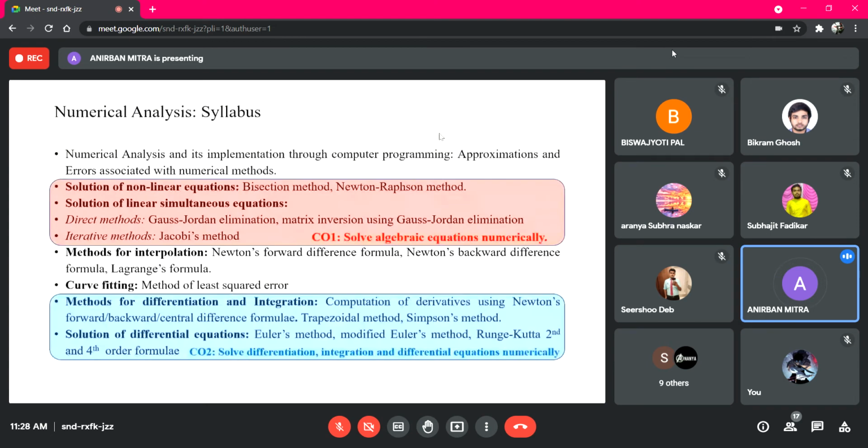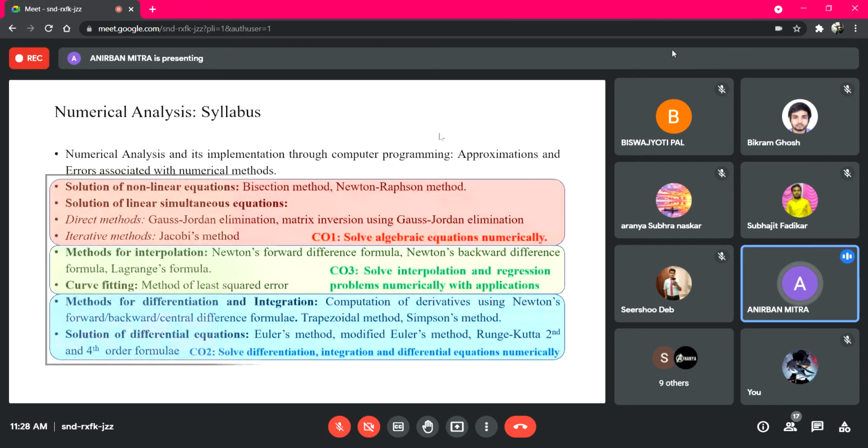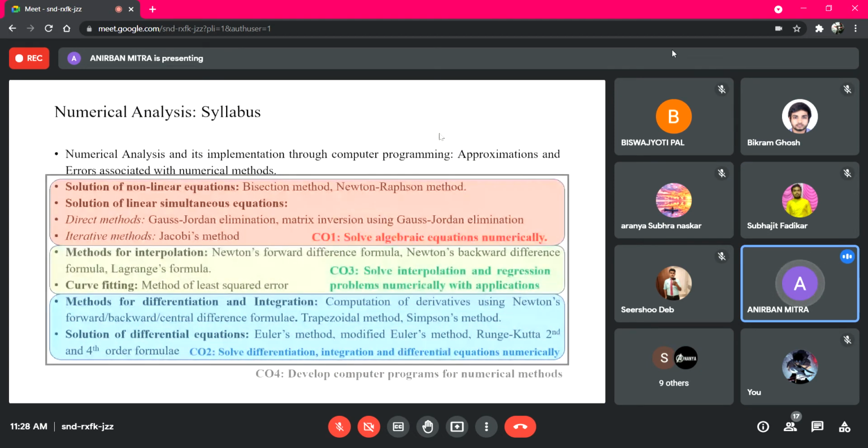Second is to solve differentiation, integration, and differential equations numerically. The third one is to solve interpolation and regression problems numerically with applications. And associated with all these three course outcomes is the fourth one, which is to develop computer programs for these numerical methods.